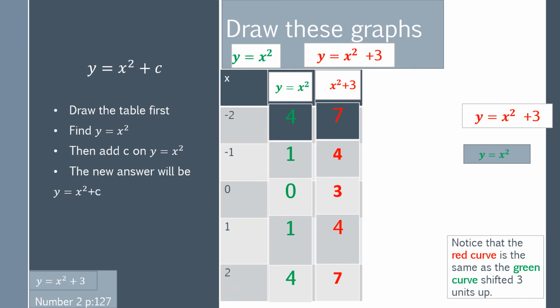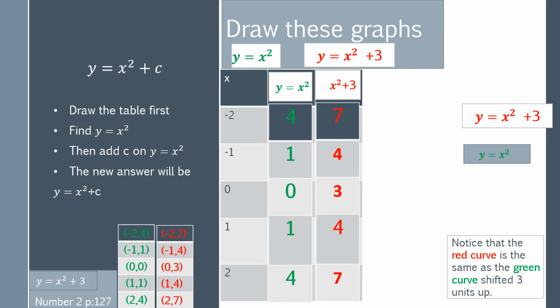Now, what are the points for the green curve, which is y equals x squared? The points that I have to plot are -2, 4, -1, 1, and so on. Now, the points we have to plot in x squared plus 3 are -2, 7, -1, 4, 0, 3, 1, 4.